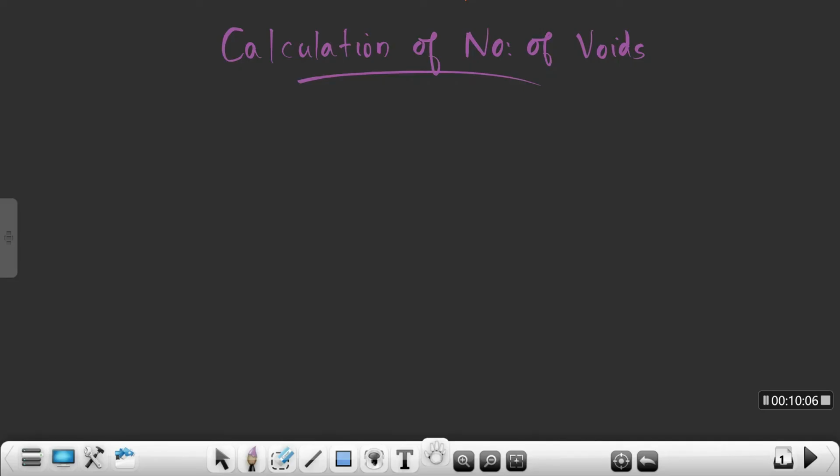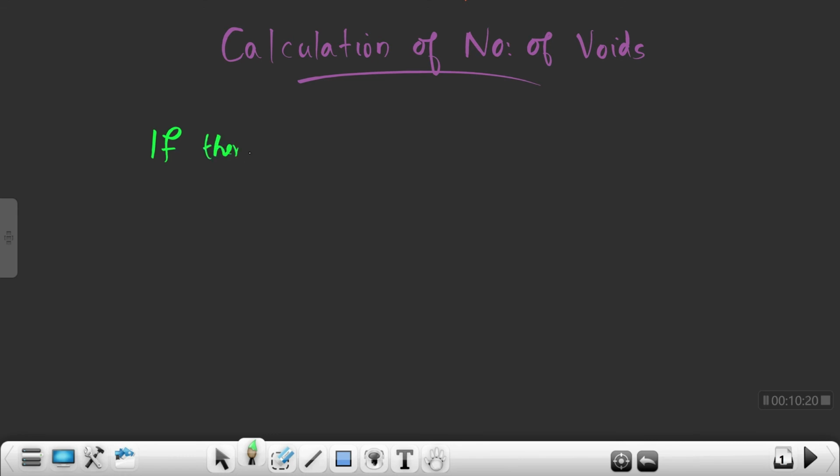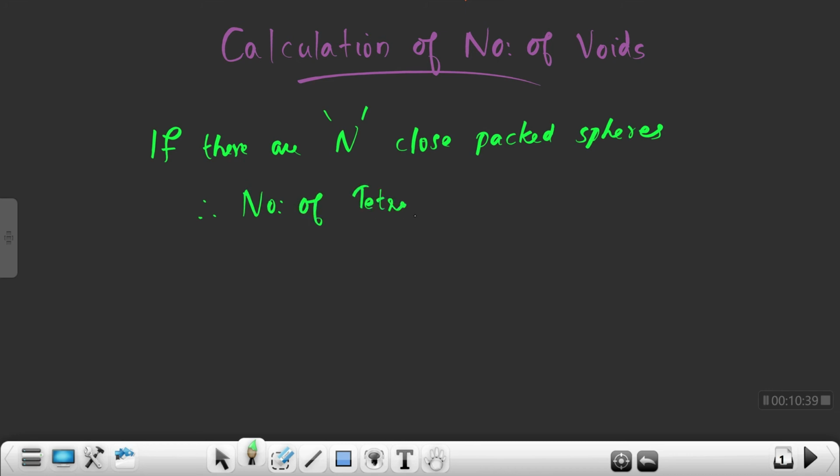Next is calculation of the number of voids. As we have already discussed, in a close packed arrangement, the number of tetrahedral voids is double the number of spheres. That means if there are n close packed spheres, then the number of tetrahedral voids is equal to 2n.